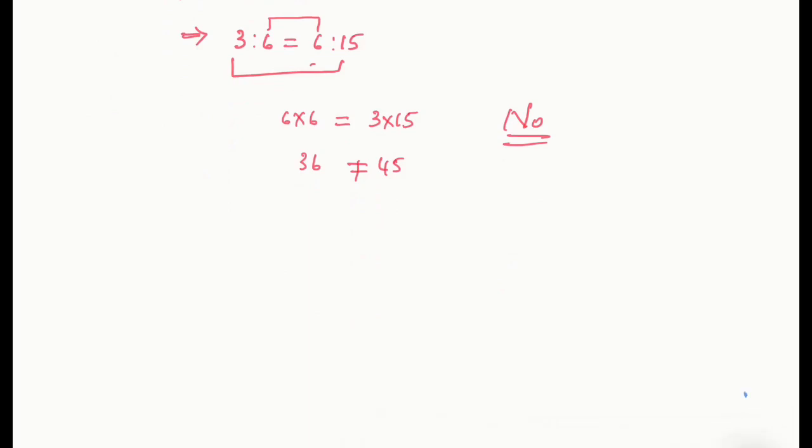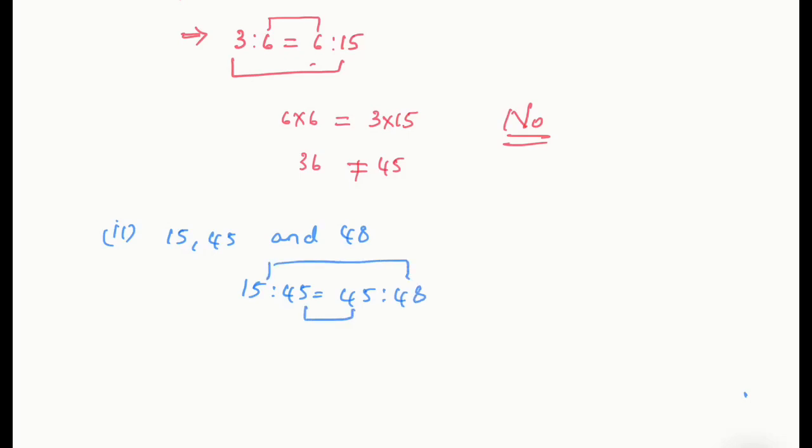Now coming to the next one. Second sub question. 15, 45 and 48. 15 is to 45 equal to 45 is to 48. 45 into 45 should be equal to 15 into 48.